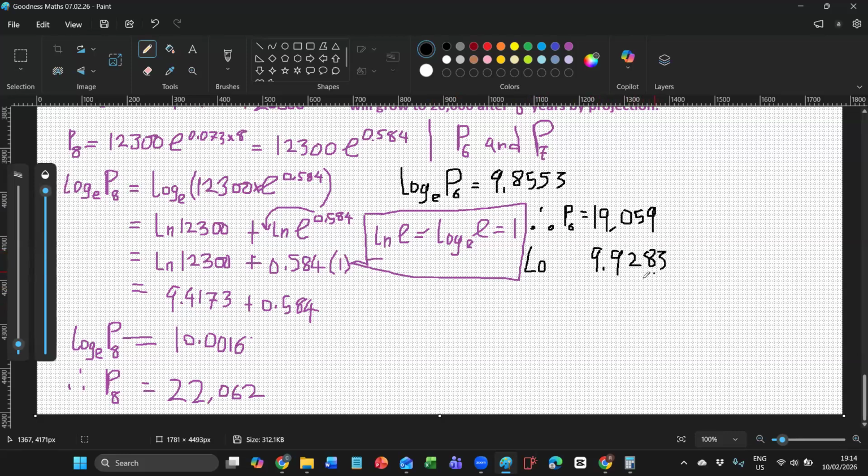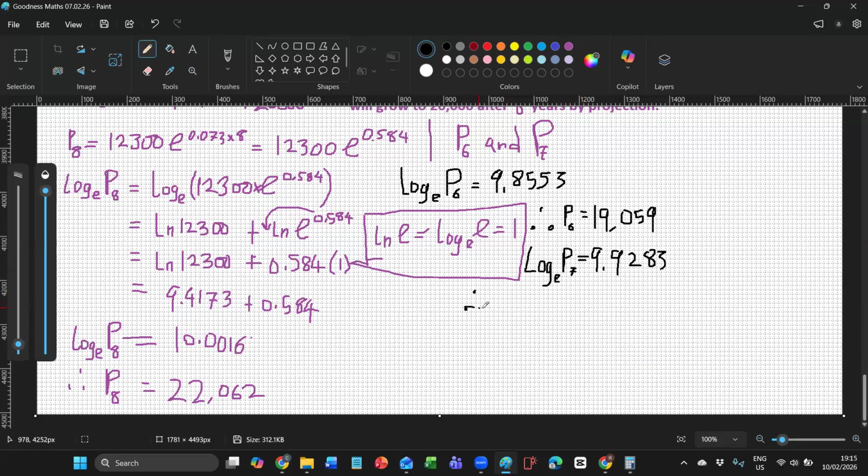Okay. Anyway, let's leave some room for surprises. So this is P7, and I'm going to say equals to, like that.